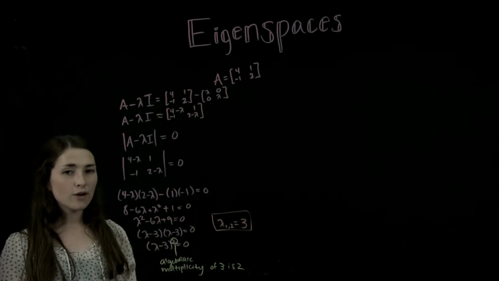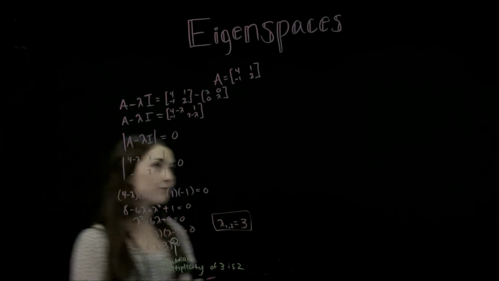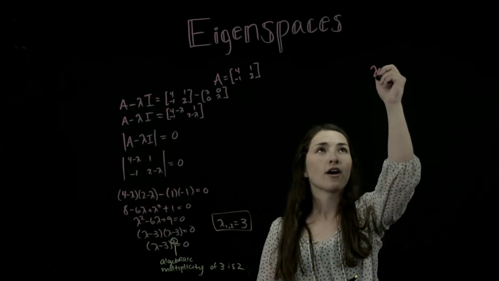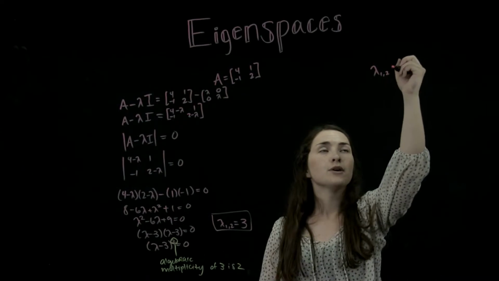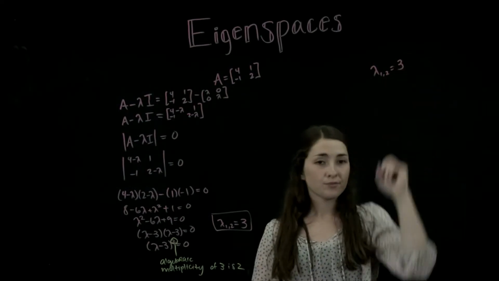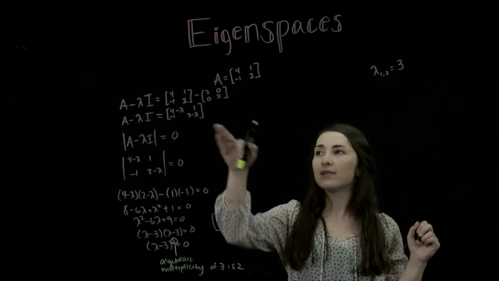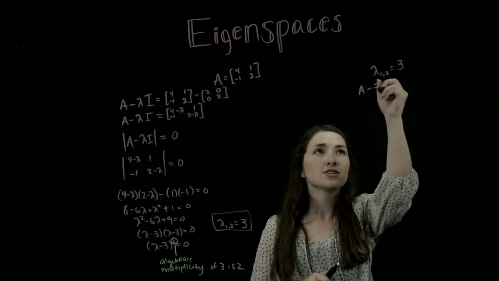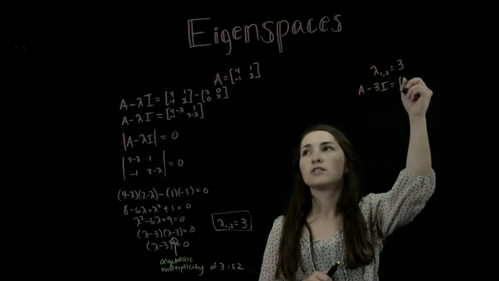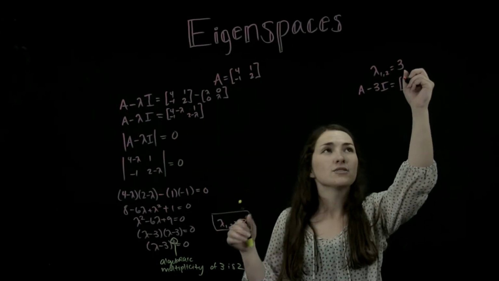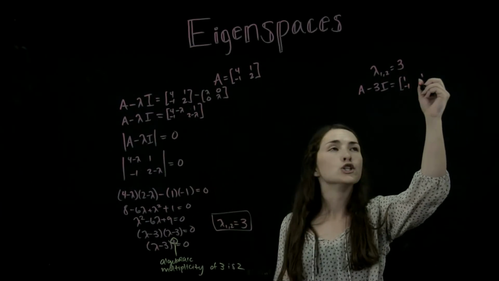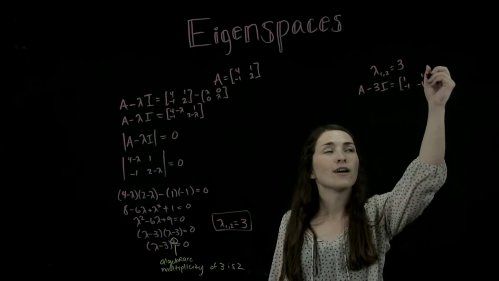Now let's see what corresponding eigenvector we can come up with. So if we come over here, we're going to be dealing with our eigenvalue lambda 1, 2 is equal to 3. So now we want to plug in 3 into this equation here. So I'll have A minus 3I is going to be equal to 4 minus 3 is 1, and then 1, -1, and then 2 minus 3 is -1.